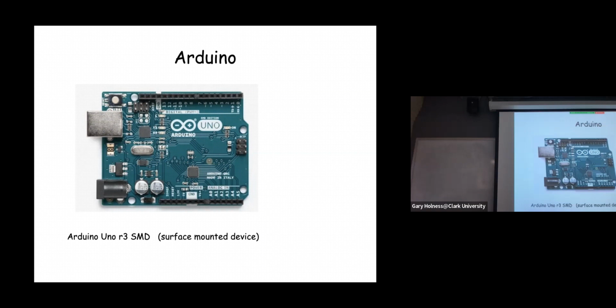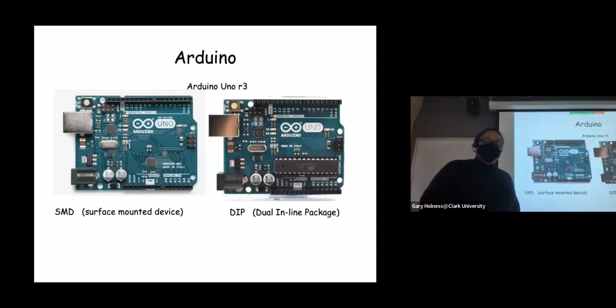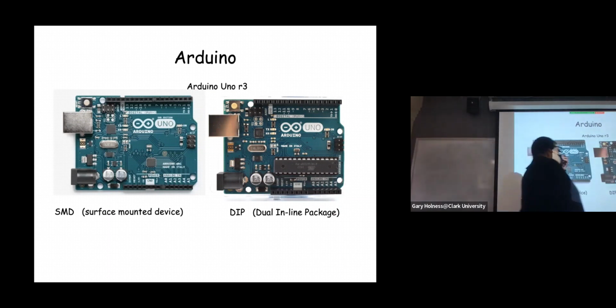Now, if I direct your attention to the bottom center right of this board, you'll see this computer chip. And that computer chip is a so-called surface mounted device. And we'll talk a little bit more about what that means. There's another version of the same Uno revision 3, the so-called DIP version. DIP stands for dual inline package.